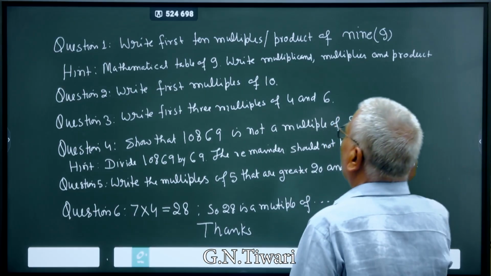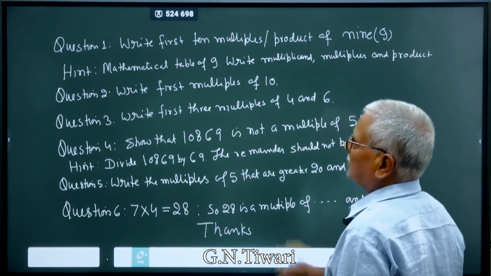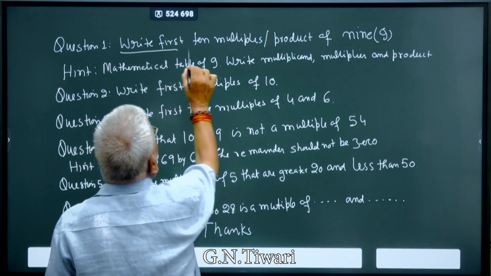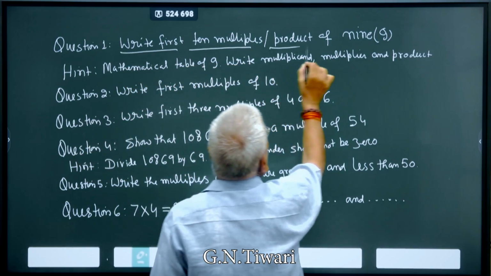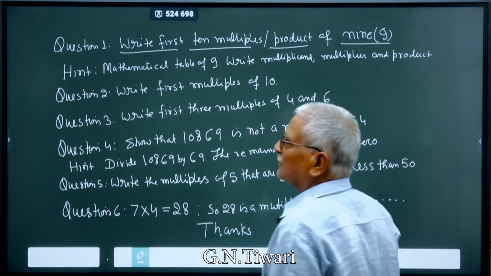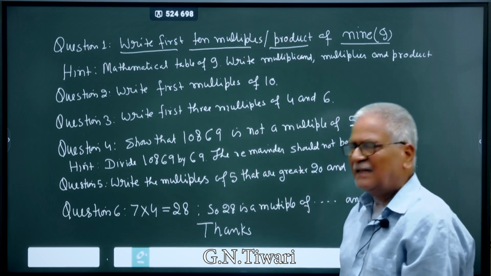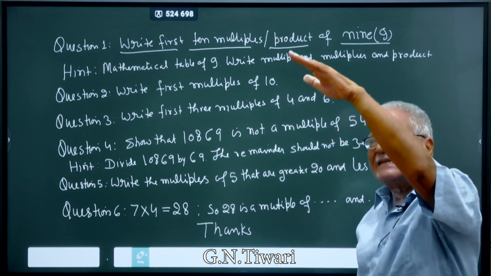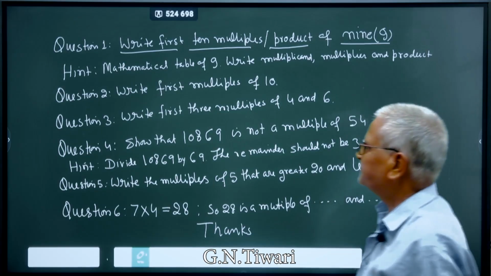Now this is a question. You have to write it. Write the first 10 multiples, the products of 9. So you write the table of 9. 9 1 is 9, 9 2 is 18, up to 9 10 is 90. These are the 10 multiples of 9.